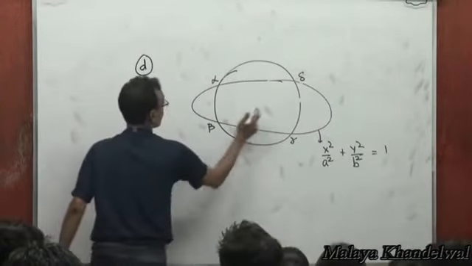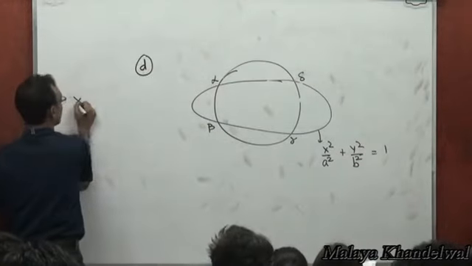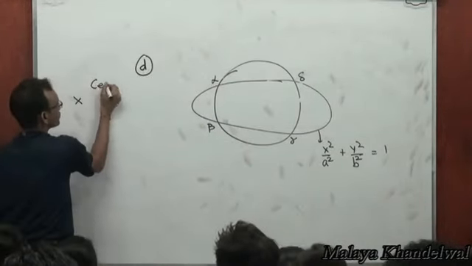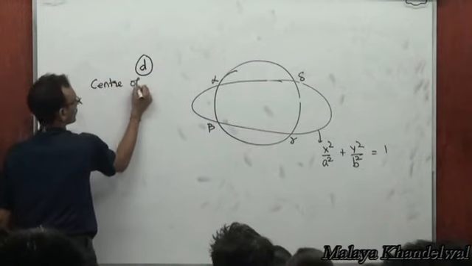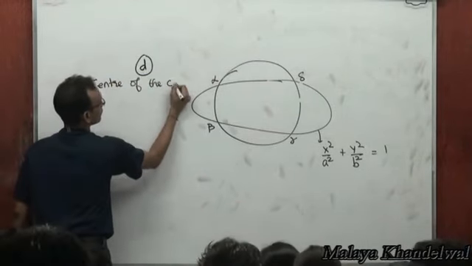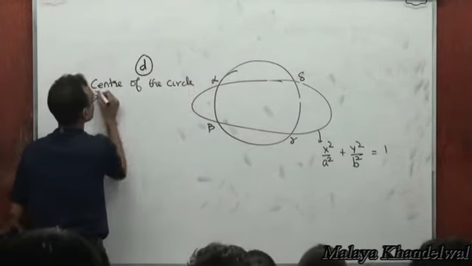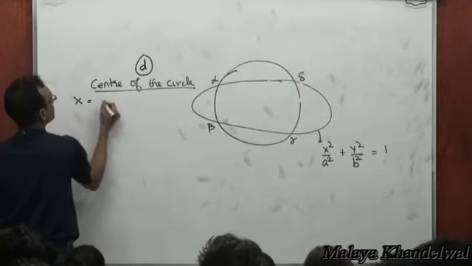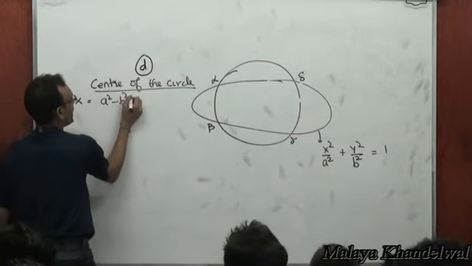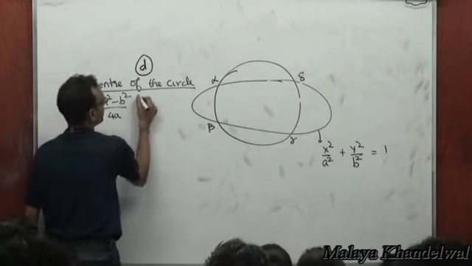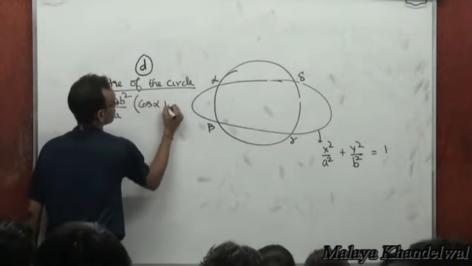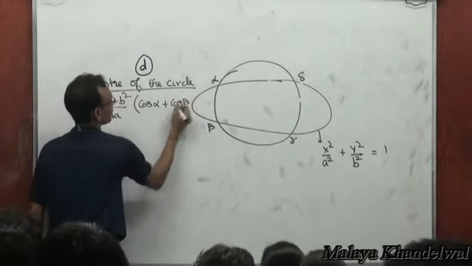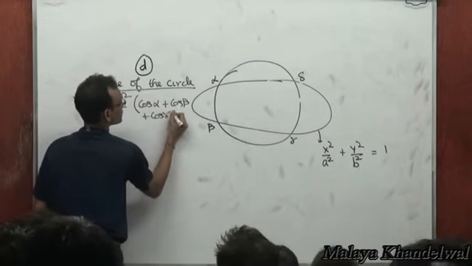Then the x coordinate of the center of the circle is going to be what? X coordinate is going to be (a squared minus b squared) by 4a into (cos alpha plus cos beta plus) cos gamma plus cos delta, right?